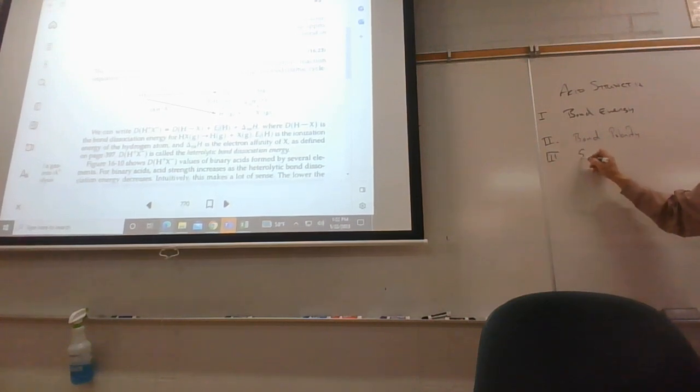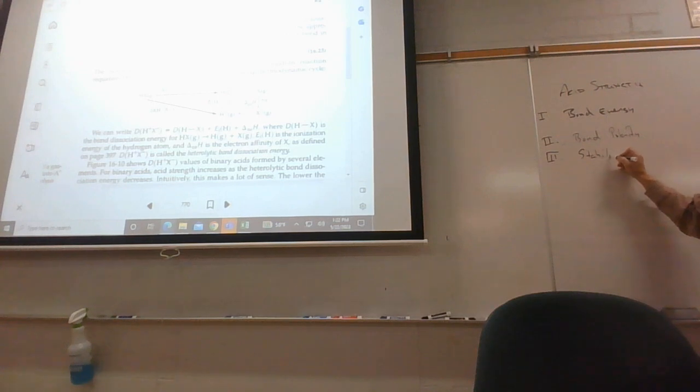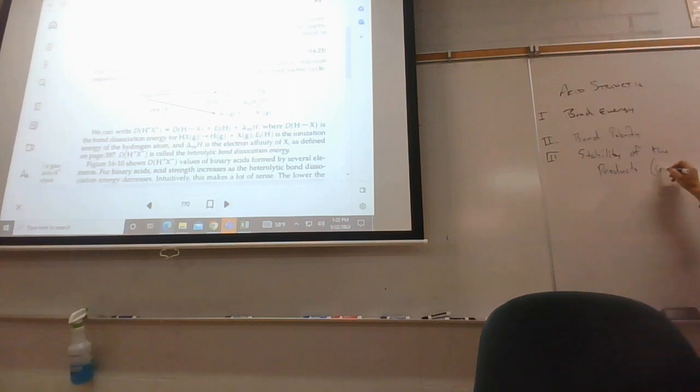Three, the stability of the product. The product in this case is going to be the conjugate base or just the base.